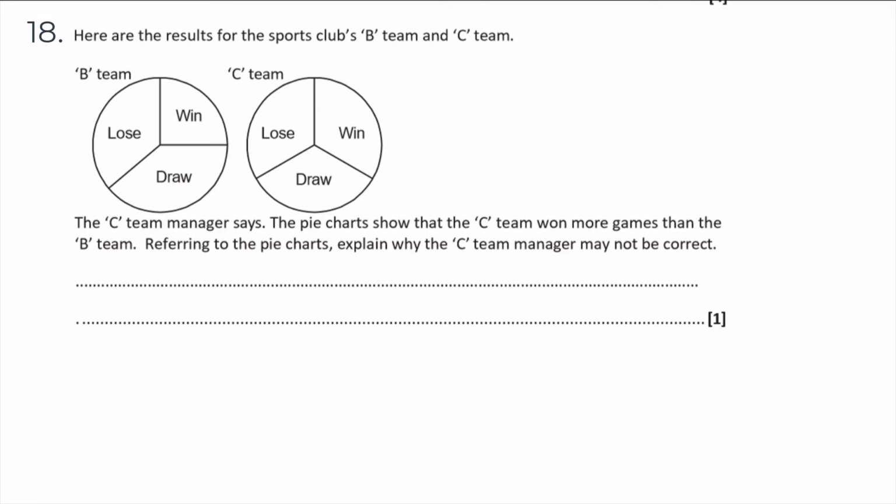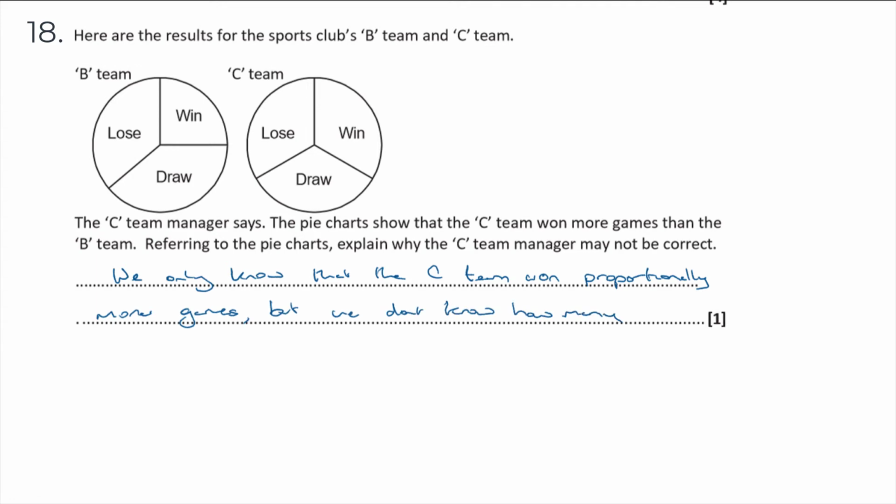Okay, so we only know that the C team won proportionally more games, but we don't know how many games the B and C team played.